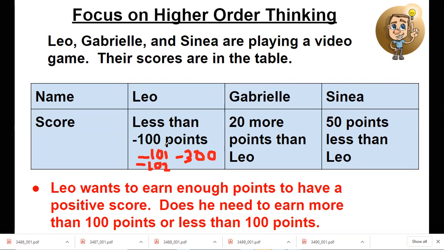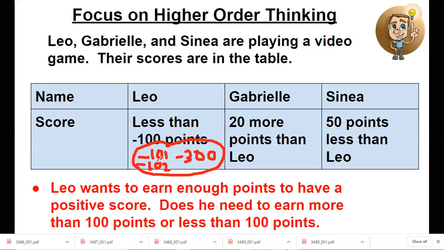So is he going to need to earn more than 100 points or less than 100 points to get a positive score? Exactly, he's going to have to earn more than 100 points in order to make up for it. If he's at negative 101, he'll need 102 points to get a positive score.